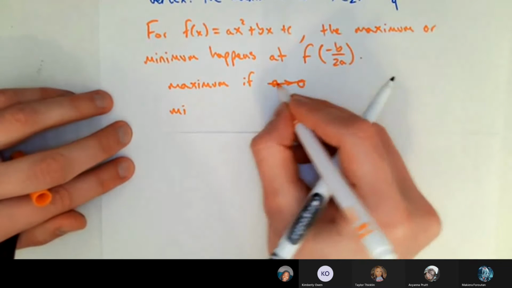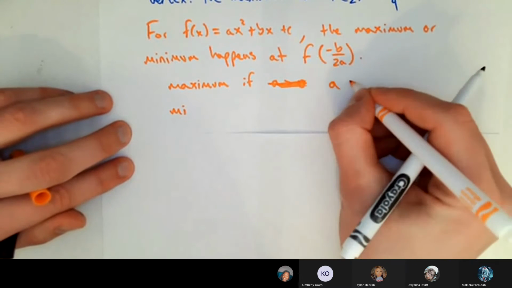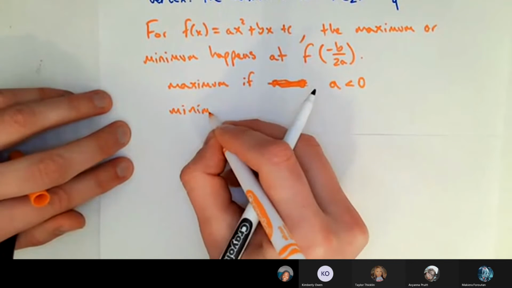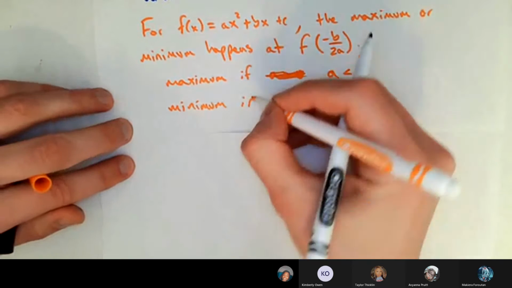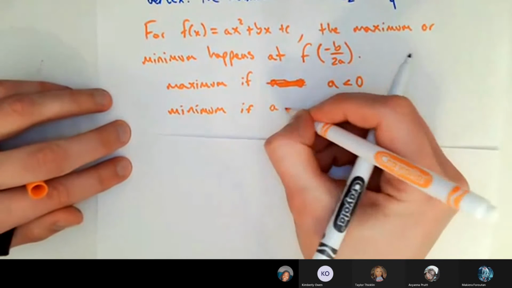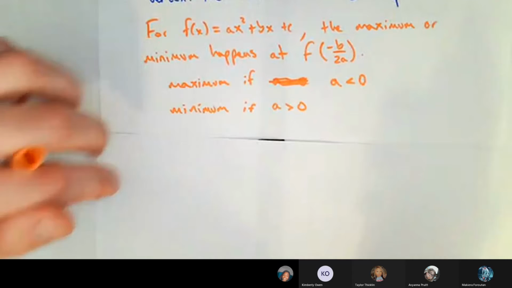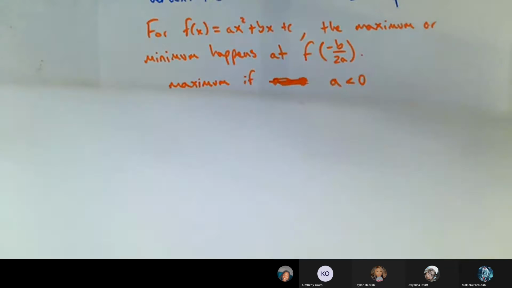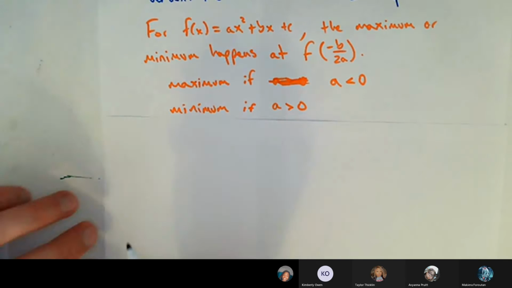Sorry, it's a maximum if the leading term is negative, and it's a minimum if the leading term is positive. Like the last two we just did. The first one we did, the 5 was positive and we had a minimum value. The one we just did, number 2, had a negative leading term, so it had a maximum value.